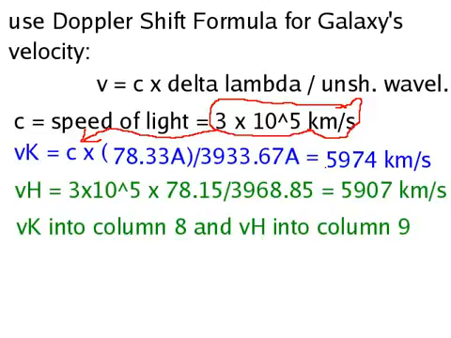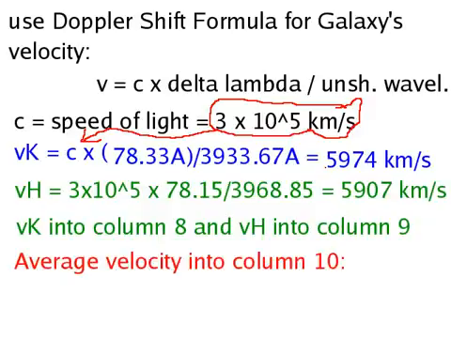let's calculate the average. That goes into column 10. In general, the average is calculated by adding up the experimental numbers you have divided by how many numbers you have.